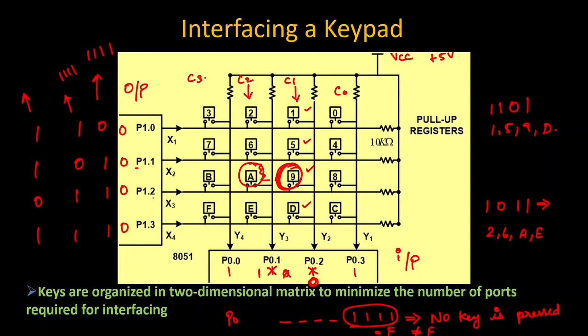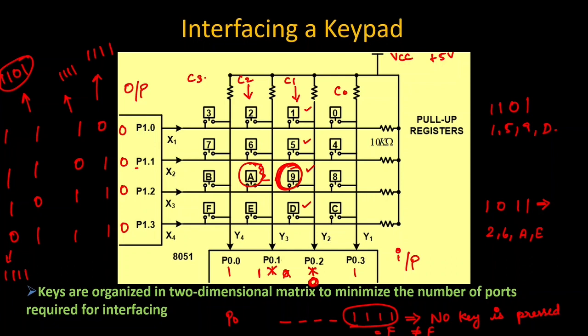This is going to get the value 0, so if this key is being pressed, the 5 volt is going to arrive here. So what I get in port 0 is going to be 1101, right? One more combination remains. If it is 1110, here also I am going to get 1111. So only in this one place I am going to get a different value, right?